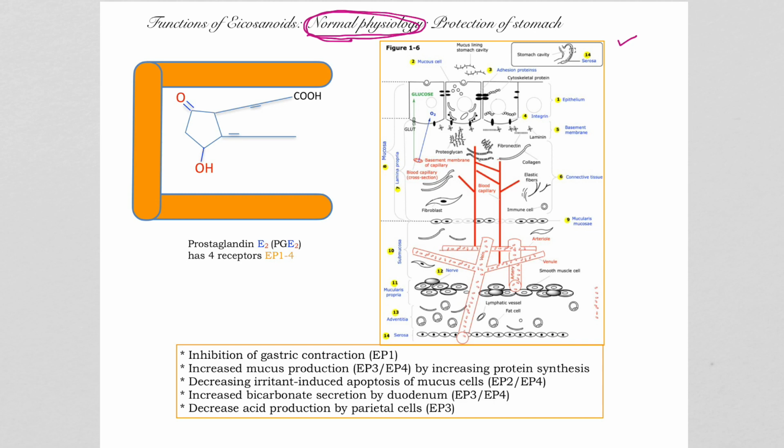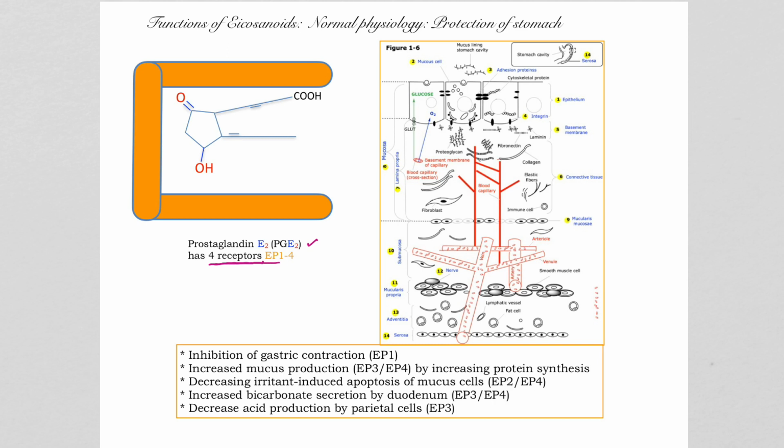So protection of the stomach is, for example, if you look at prostaglandin E2, it is known that one of the properties of prostaglandin E2, or one of the functions, is that it protects the stomach. So when this prostaglandin E2 is released by a cell, then it will go bind a receptor on a nearby cell.